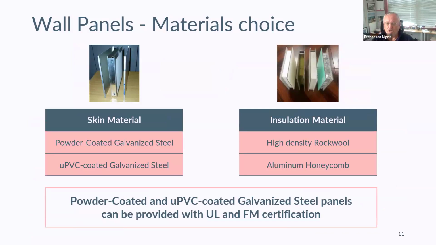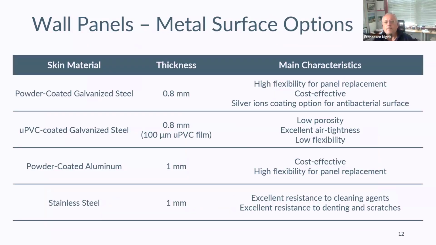If you have a restriction of a project that requires UL and FM certification, then your solution is a little bit narrower, but you still have possibilities. In the past it was just UPVC and aluminum honeycomb. Now it is also powder-coated and rockwool.